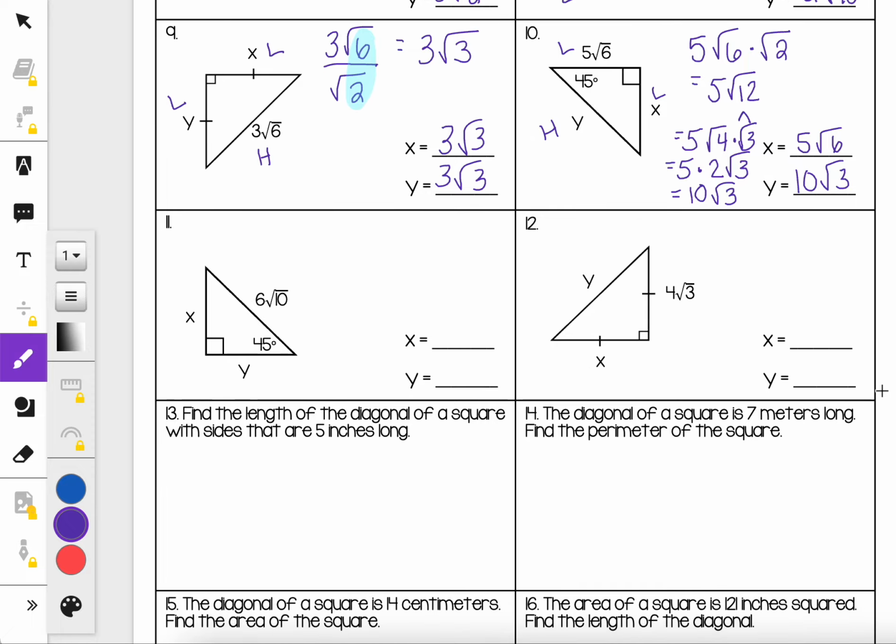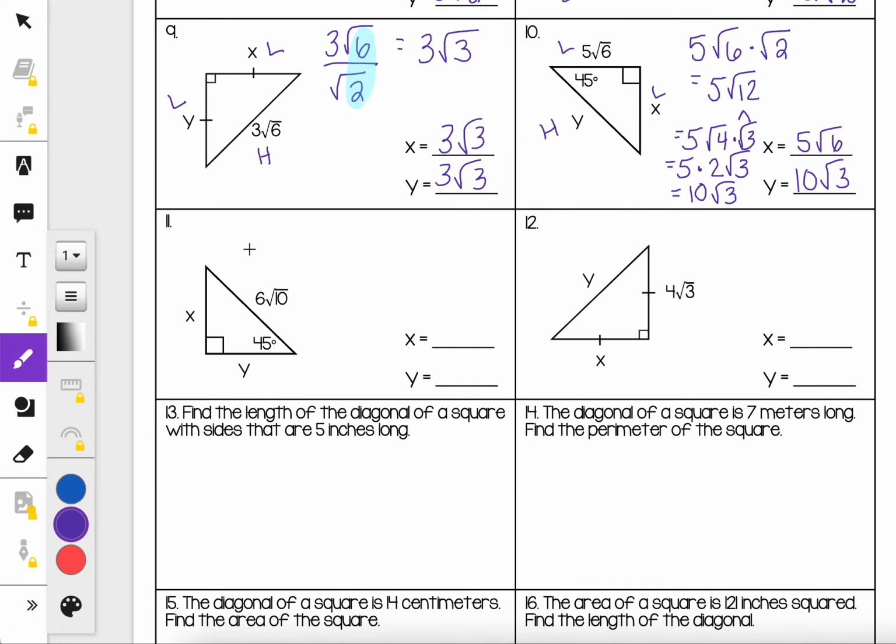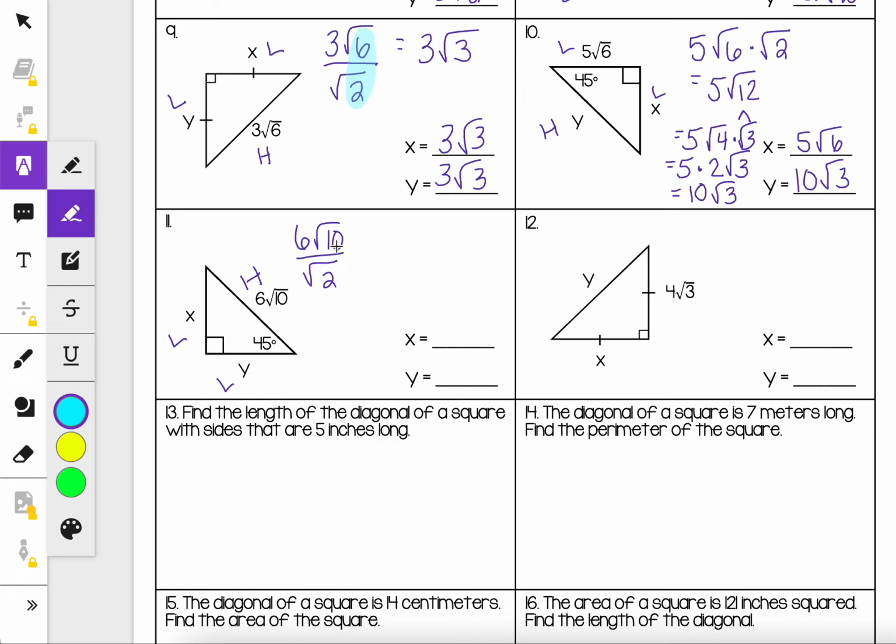All right, let's try a couple more of these basic diagram problems. I'm given my hypotenuse and I want to find my two legs. So again, if I'm given my hypotenuse and I want to find the leg, I'm going to divide by the square root of 2. All right, I can divide these. I don't have to rationalize my denominator because I have a radical in the numerator that I can divide by.